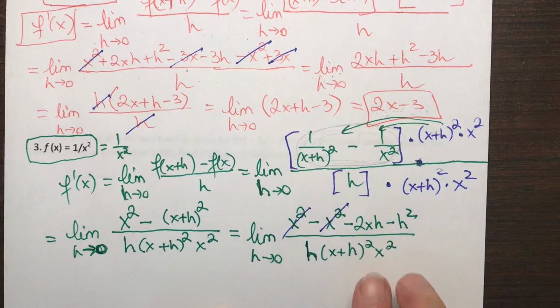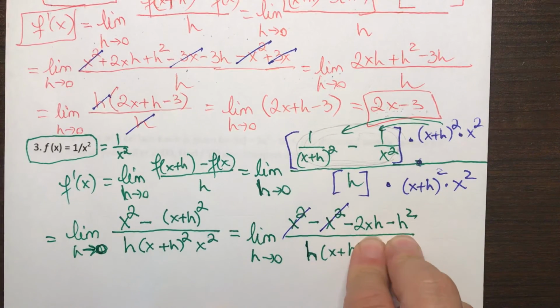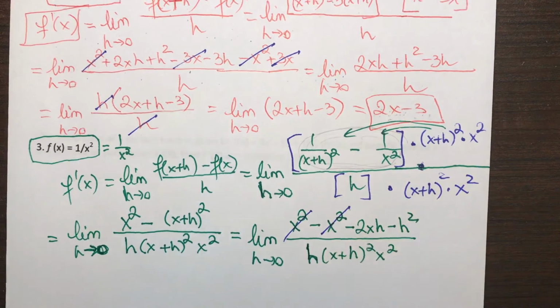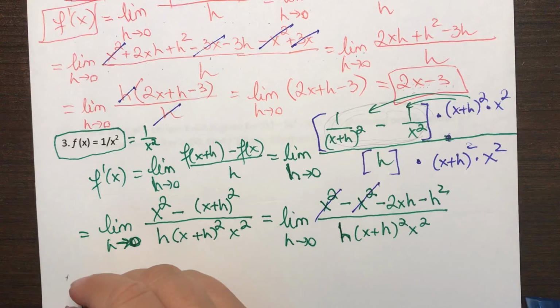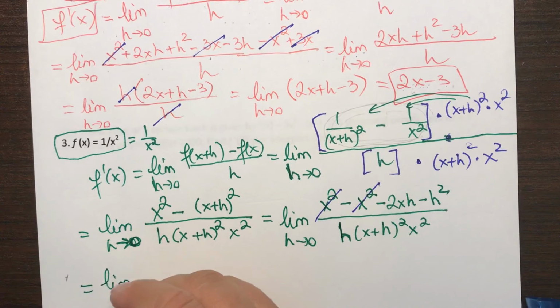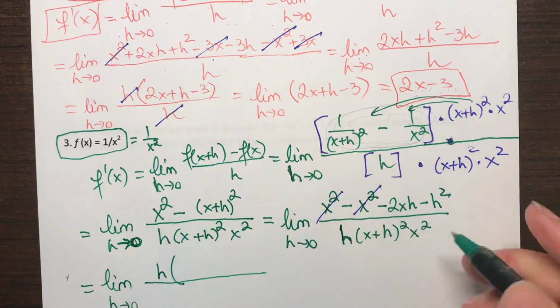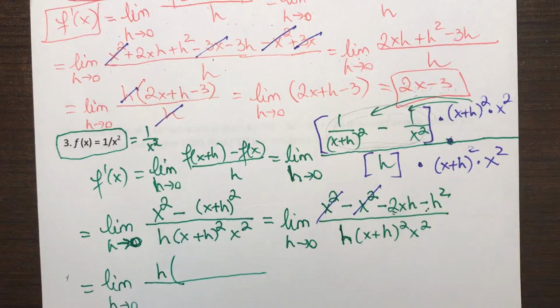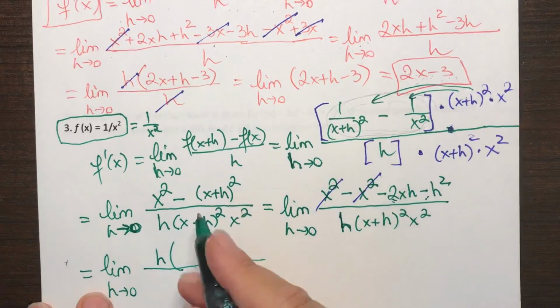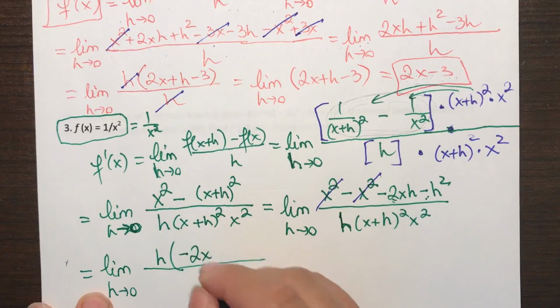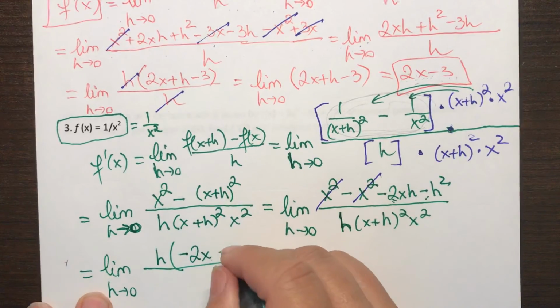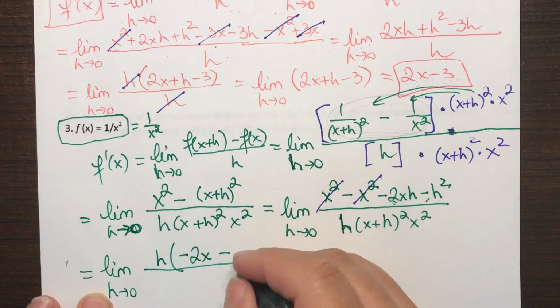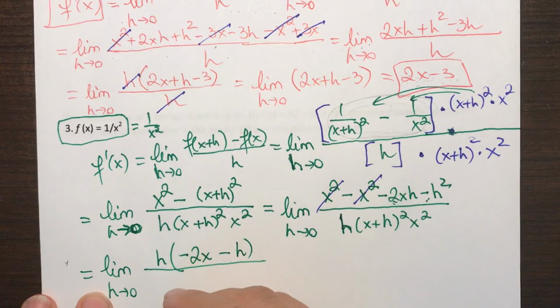Great. These two terms that I have left, do they both have an h in them? Yes, they do, which is awesome because that means we can factor out that h finally. So if I factor out the h from these two terms that are left, what do I get? A negative 2x minus, factoring out an h from h squared leaves me with just an h.